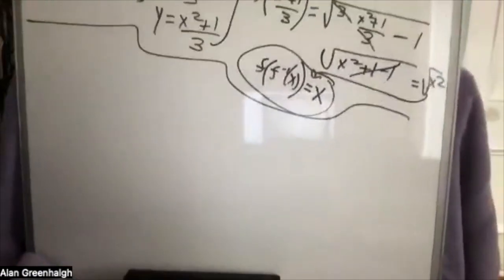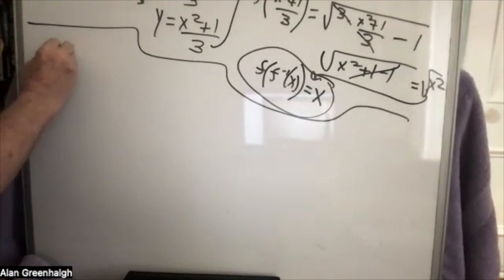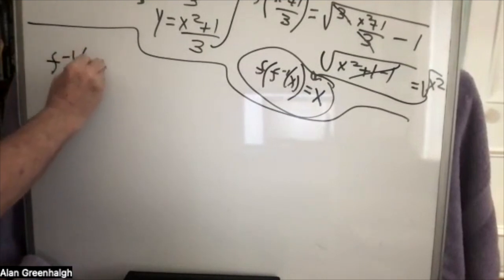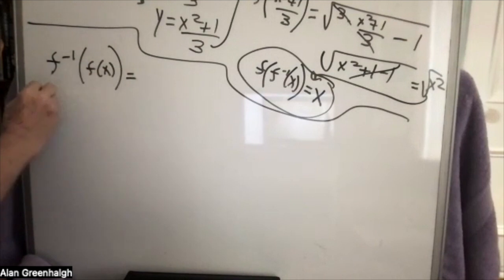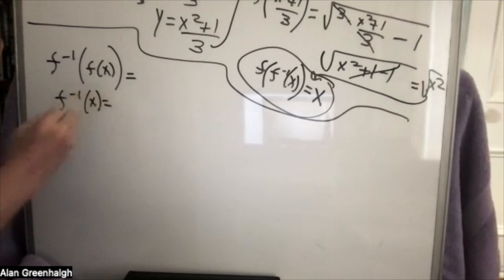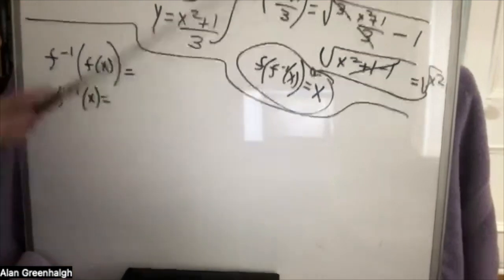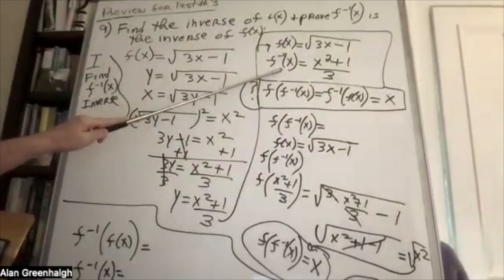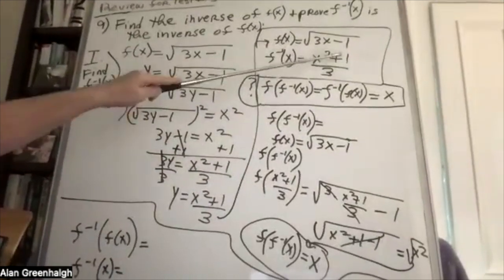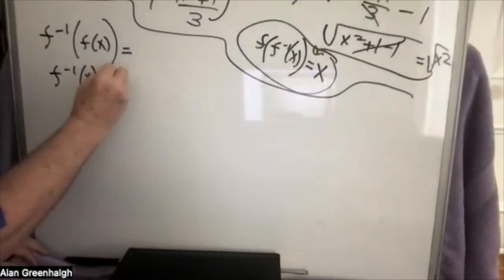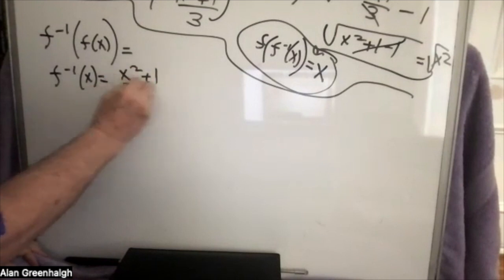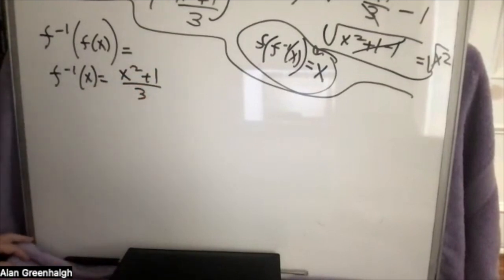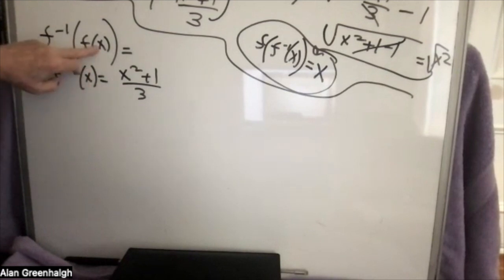Now, the second part is to do f negative 1 of f of x, meaning we write the inverse, which was going back up on top here. Here's the inverse that we found, x squared plus 1 over 3. And instead of substituting x, we substitute f of x.